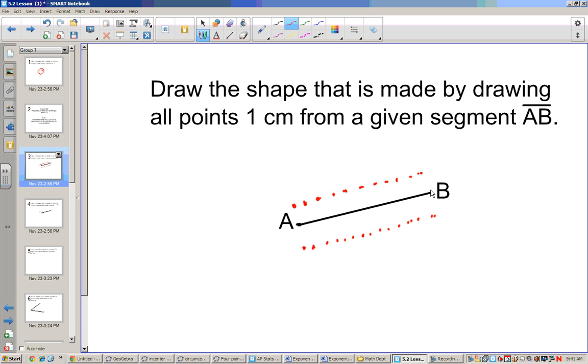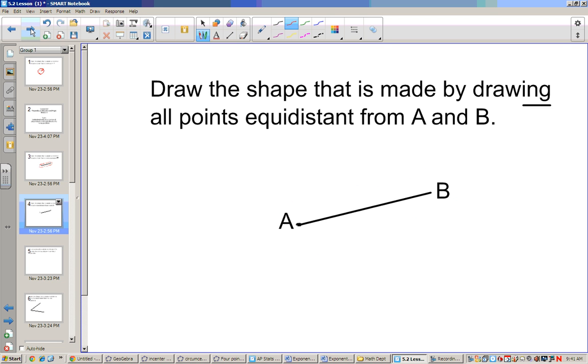Now it gets a little trickier on the edge, so we're just going to go 1 centimeter from that point, and it looks like it's going to be rounded. So we do the same thing here. One student in class said it looks like a hot dog, or maybe a track that you run around. But that's the shape that will be 1 centimeter away from AB.